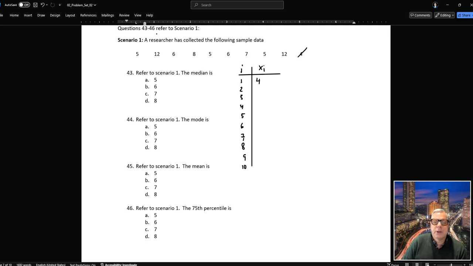Put the 4 here. Then we have 2 5s. Then we have 3 5s. Then we have 2 6s.